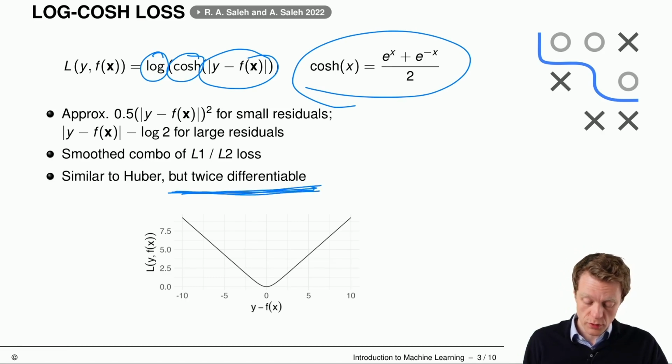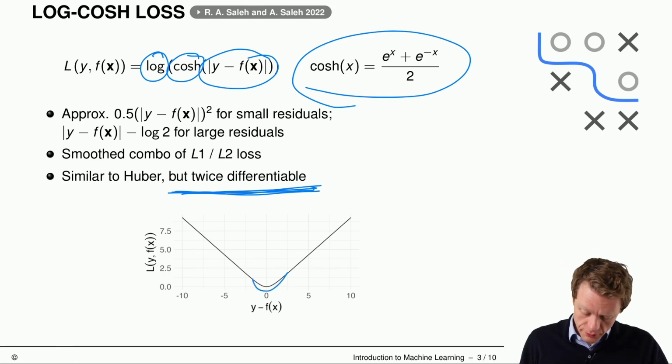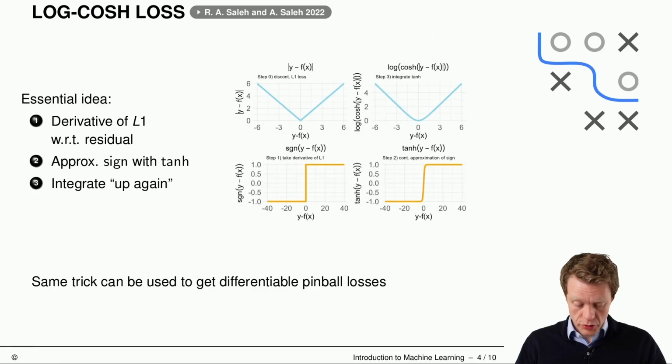Huber loss is only once continuously differentiable, this one here is twice continuously differentiable, but it's also a parabola here and then a linear function there, and I will show you how this perhaps strange formula is motivated.